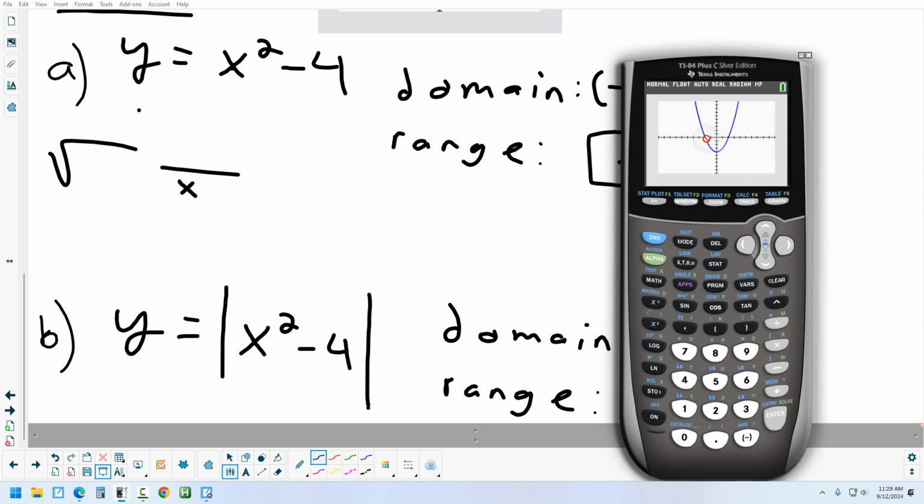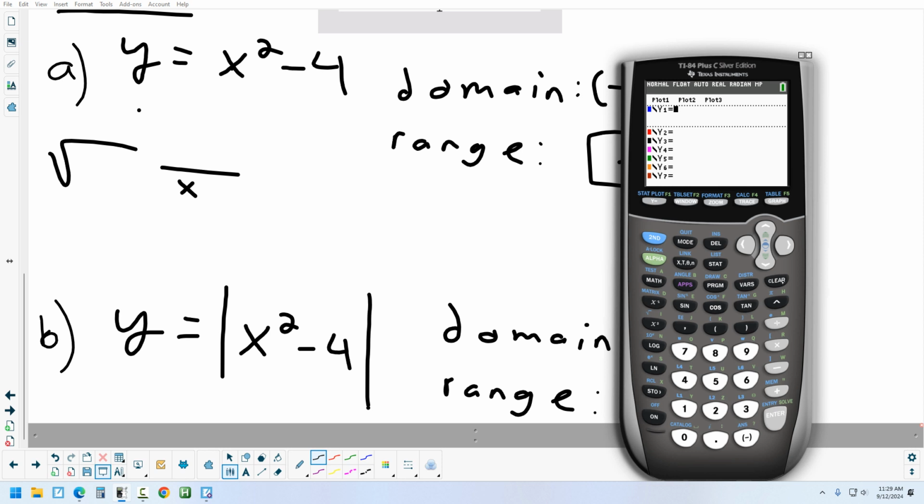So if part of your graph dips down below the x-axis, the absolute value is going to take that part and flip it up. Okay. So let's graph it. But you're going to see when the parabola tries to go negative, it's not going to be able to. It's going to have to stay above the x-axis.